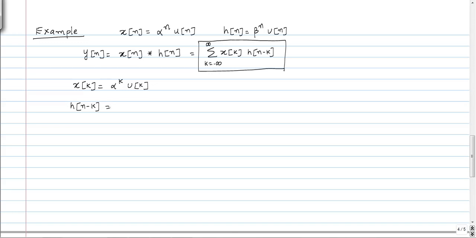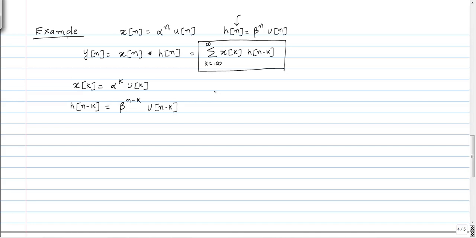So how do I get h of n minus k? Well, I can simply plug in n minus k wherever there is an n in the expression for h of n, or I could first write it as h of k and then plug in n minus k wherever there is k in the expression. So h of n minus k is given by beta to the n minus k times u of n minus k.